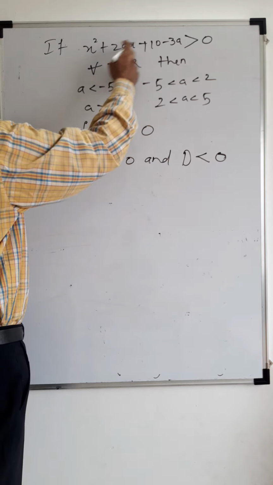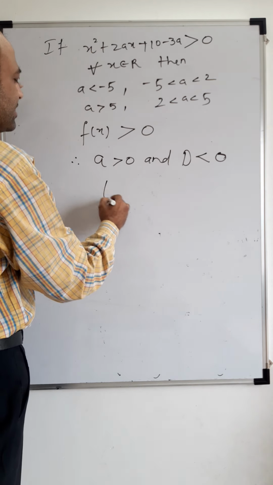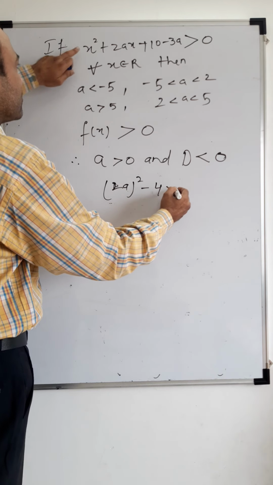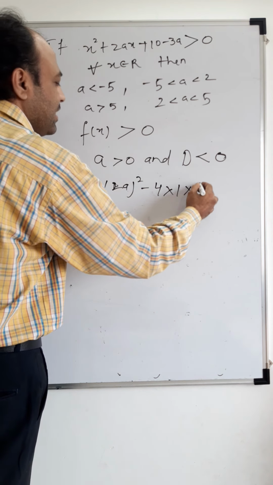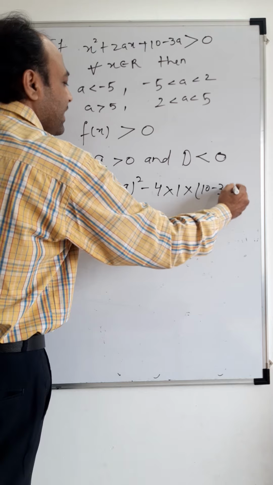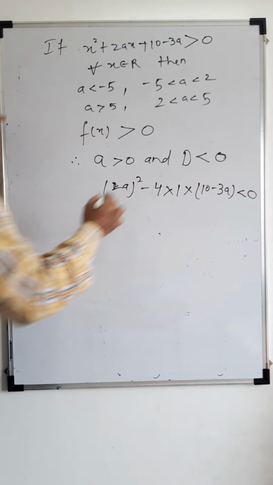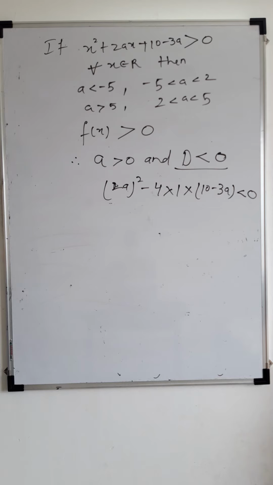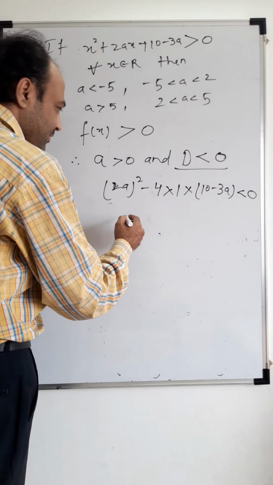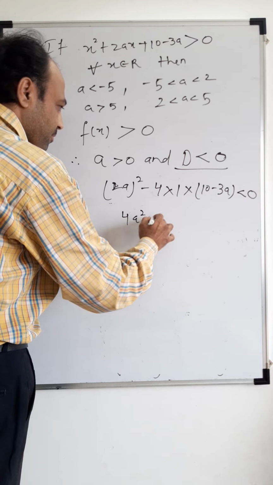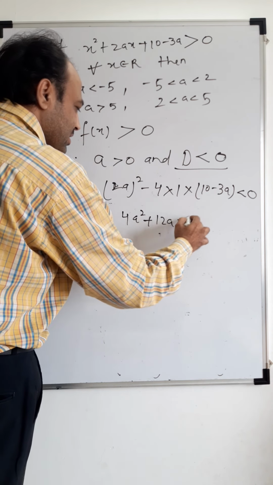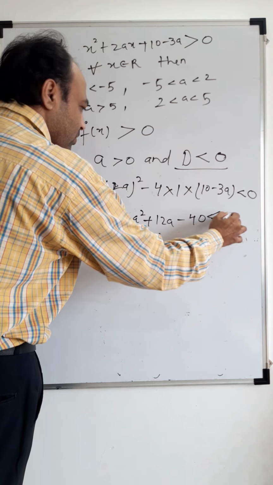D is b square minus 4ac. b square is (2a) whole square, 4 times a is 1 and c is 10 minus 3a. This is less than 0. Since D less than 0 we are taking, correct? Now we'll simplify this. So 4a square minus 40 plus 12a less than 0.